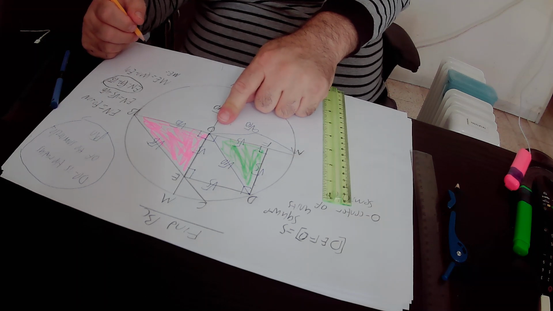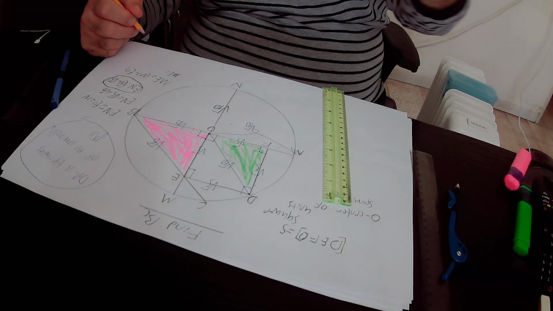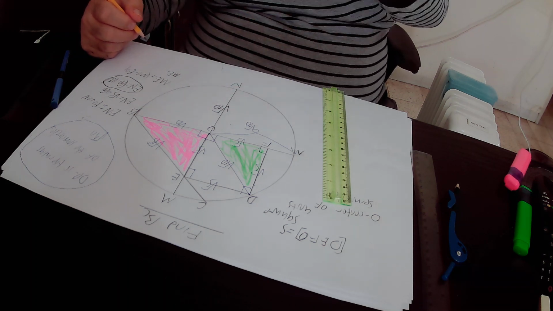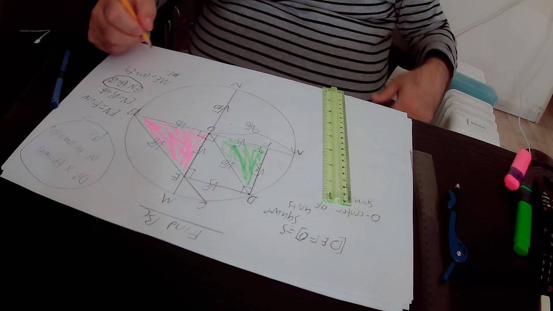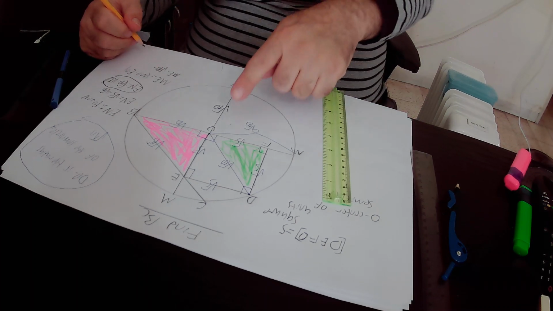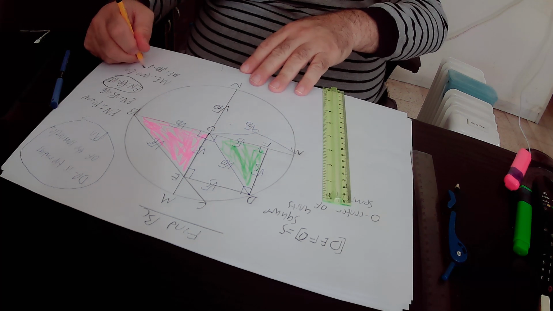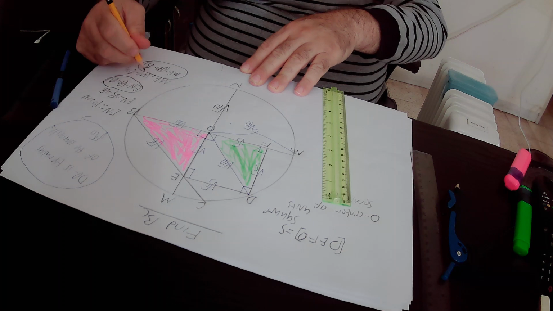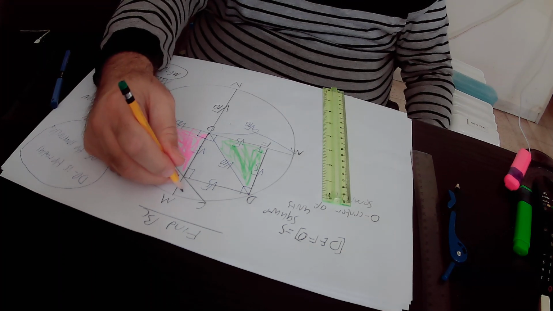O is the center of the circle, M is the point of the circle itself. This is exactly the definition of a radius. Therefore, MO is the radius of this circle, that is equal to the square root of 10 units, minus EO, that is equal to the square root of 5 units. In conclusion, we found that ME equals the square root of 10 units minus the square root of 5 units.